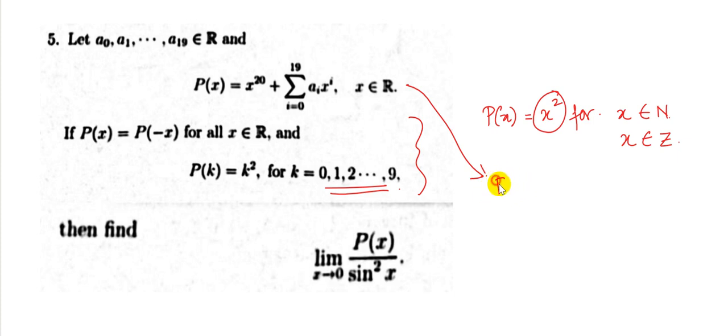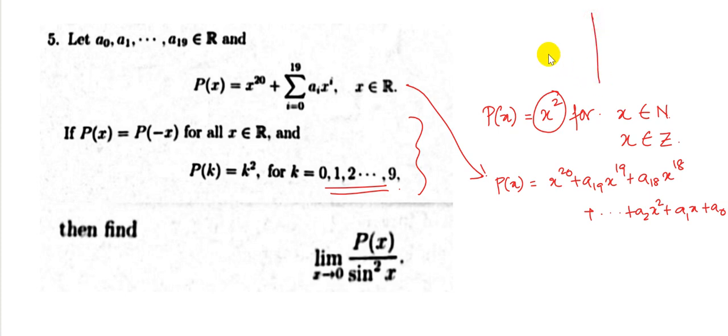So that means p of x will be equal to x to the power 20 plus a19 x to the power 19 plus a18 x to the power 18, and so on up to a2 x square plus a1 x plus a0.